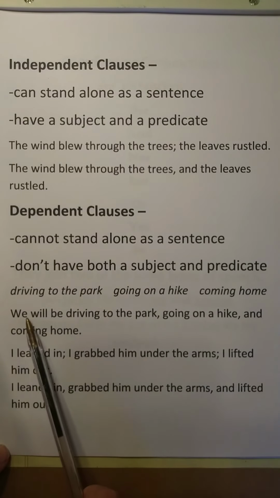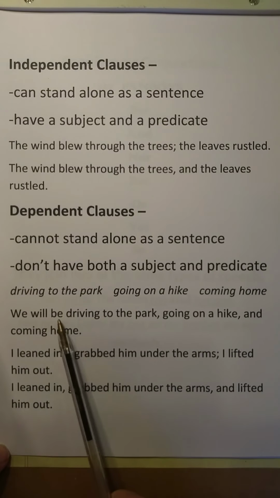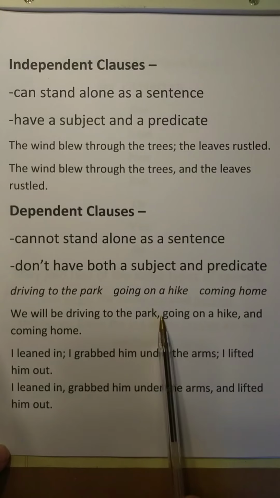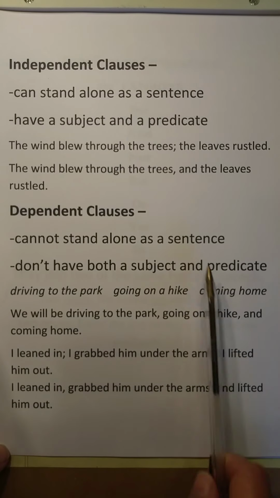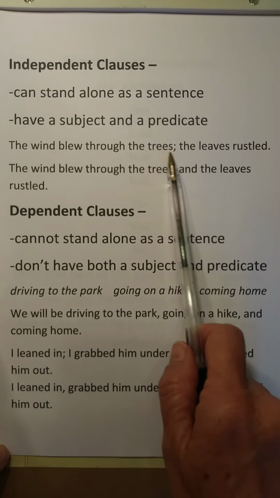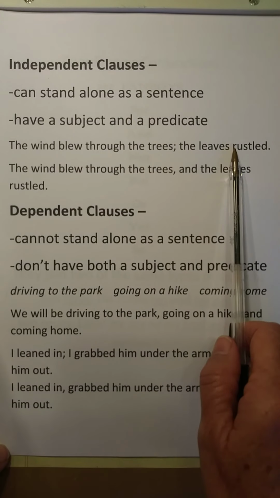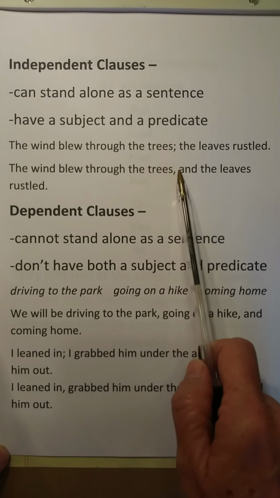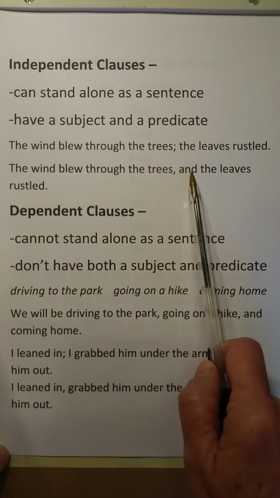If you put them all together, you have to add commas. We will be driving to the park, going on a hike, and coming home. Notice there are commas between these instead of the semicolons that join the independent clauses. So independent clauses have a choice. They can be joined by a semicolon or a comma and a coordinating conjunction.